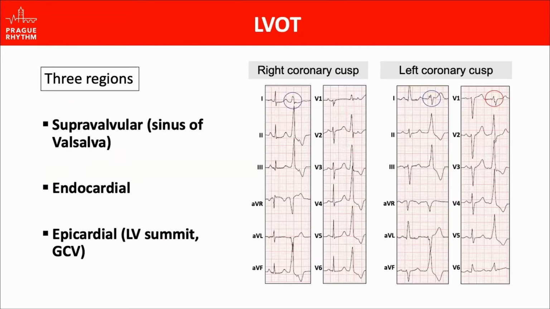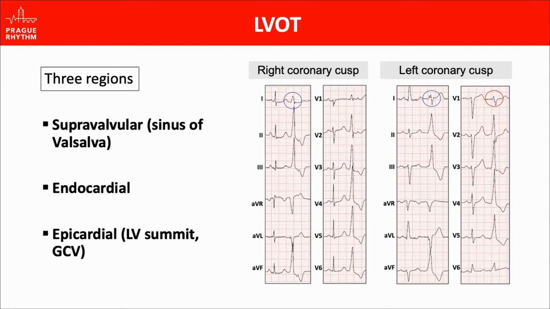Okay, so the LVOT is the origin of 25% of all idiopathic ventricular arrhythmias, and it is divided into 3 regions. First is supravalvular, represented by the Valsalva sinuses, where we can find myocardial extensions, especially in the RCC. The NCC is the site of some atrial tachycardia, because usually in the NCC we can find atrial connections.